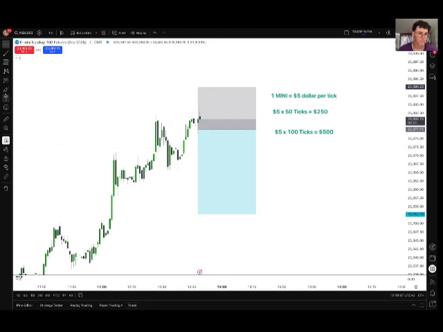Now let's say you are going to enter with two mini contracts. So then you are trading 10. You are going to risk $10 per tick. If you have a stop loss of 50 ticks, you are going to risk 500.